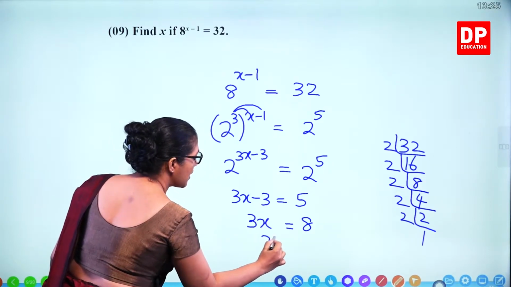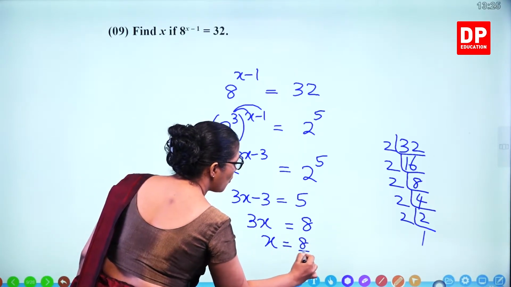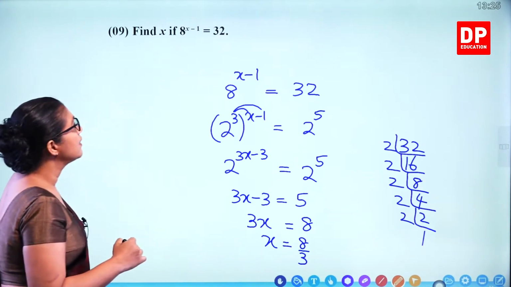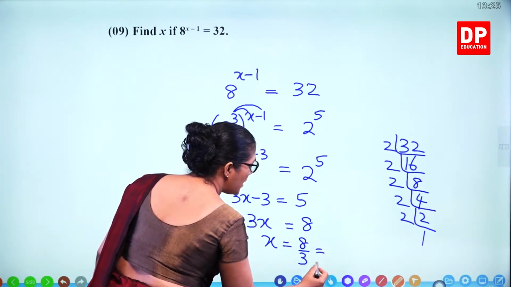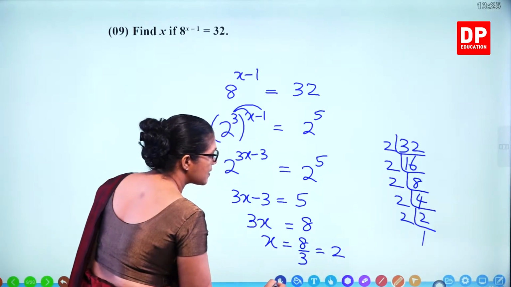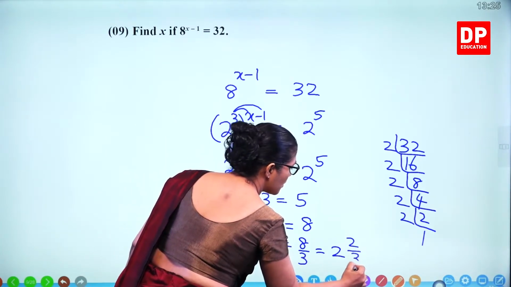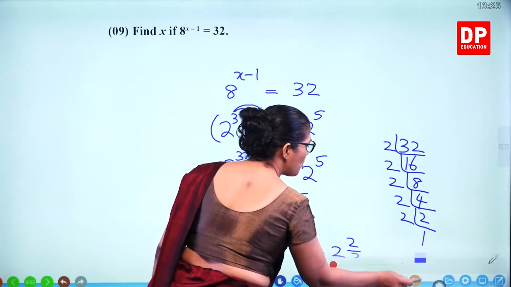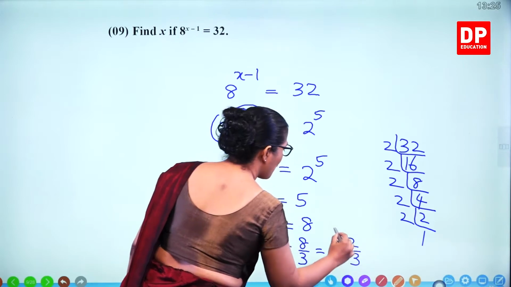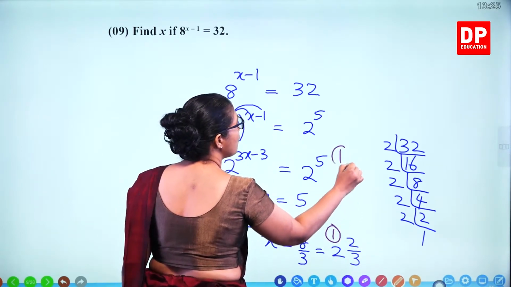So x becomes 8 over 3. Or you can write it as a mixed number: 3 times 2, 6, and 2 thirds. 2 and 2/3 or 8 over 3. So you get 2 marks. 1 mark here and 1 mark for the method.